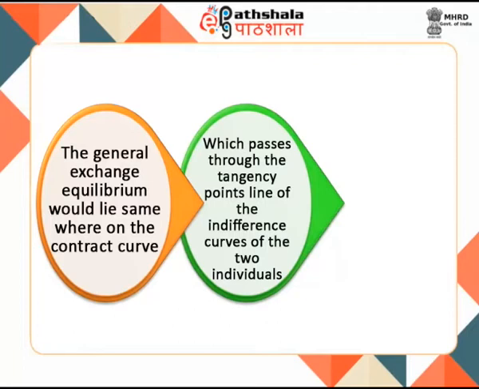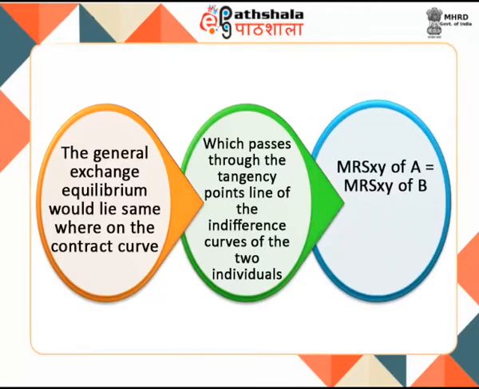At these tangency points of indifference curves, MRS xy of individual A is equal to the MRS xy of individual B.